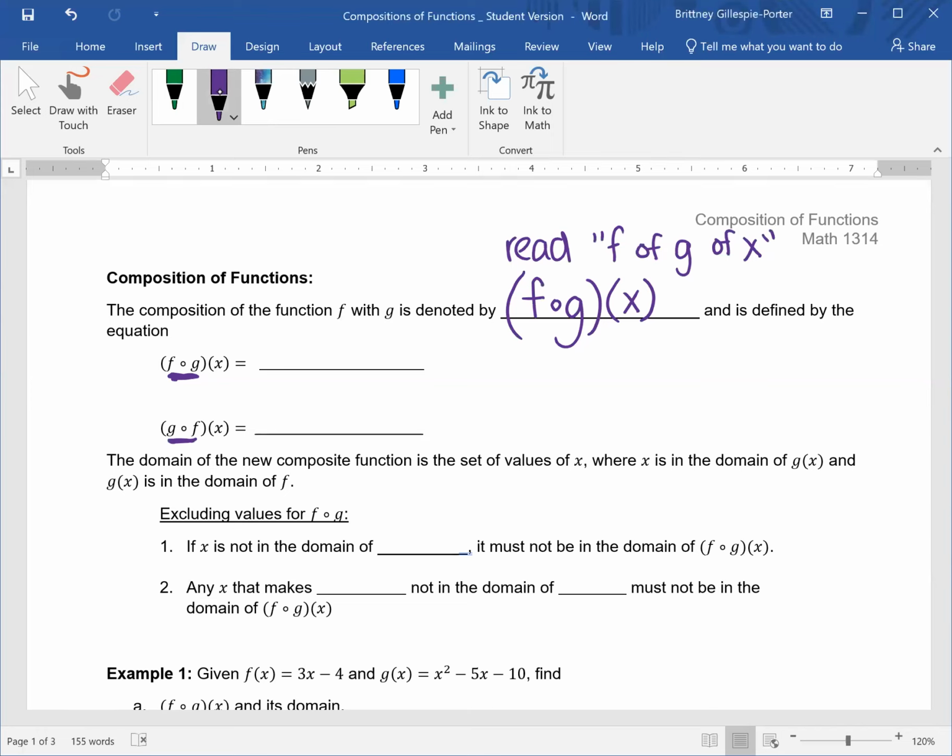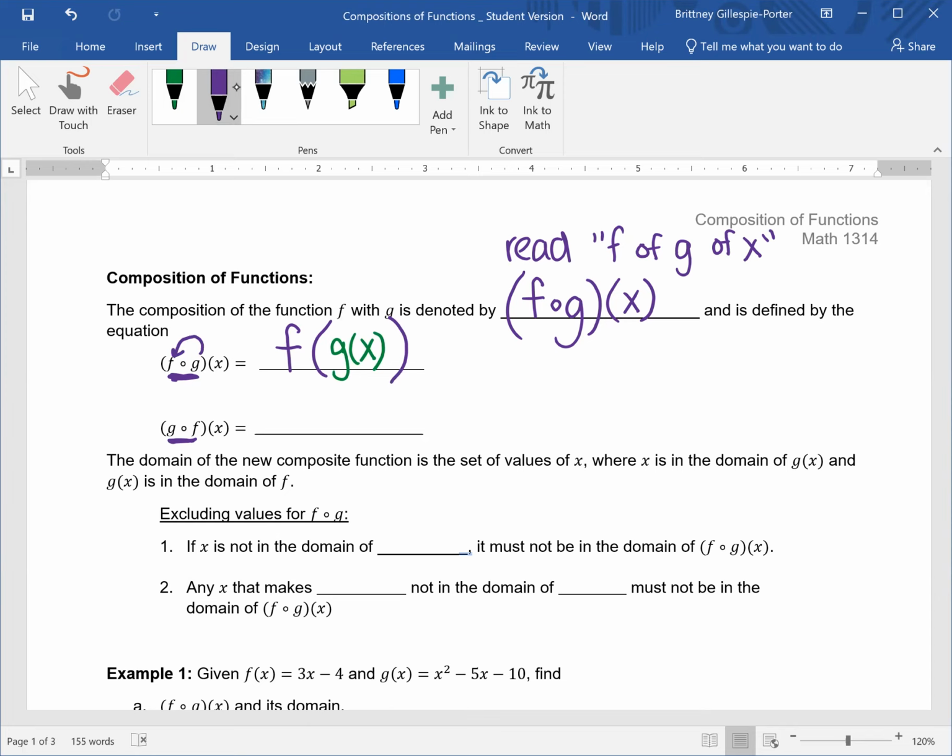What fog, f of g, means is that we take our g function and we plug it into our f function. So our g function gets substituted into f.